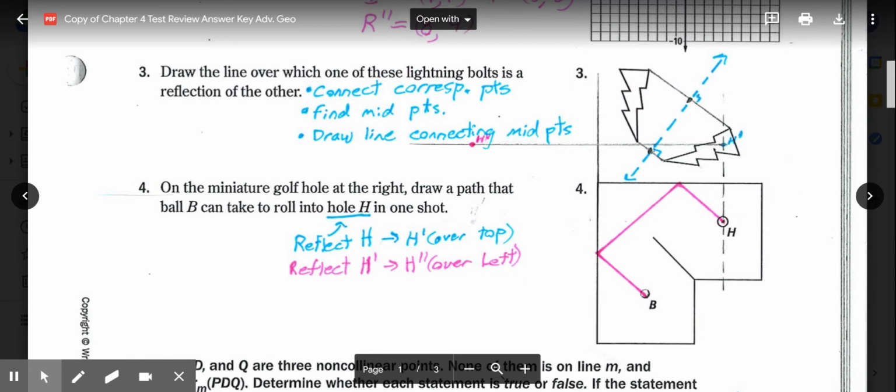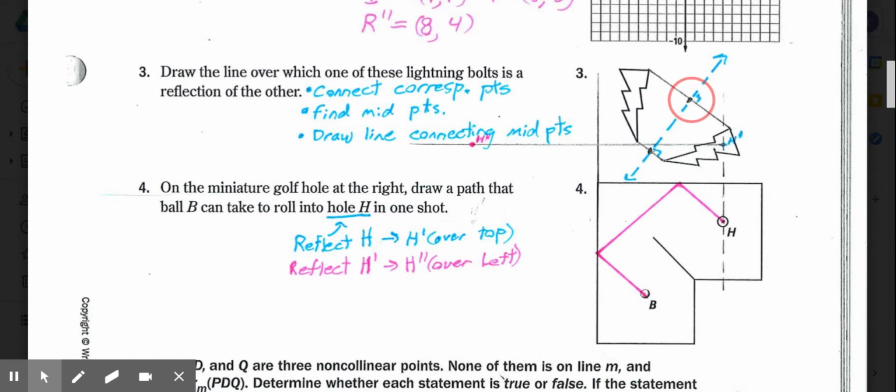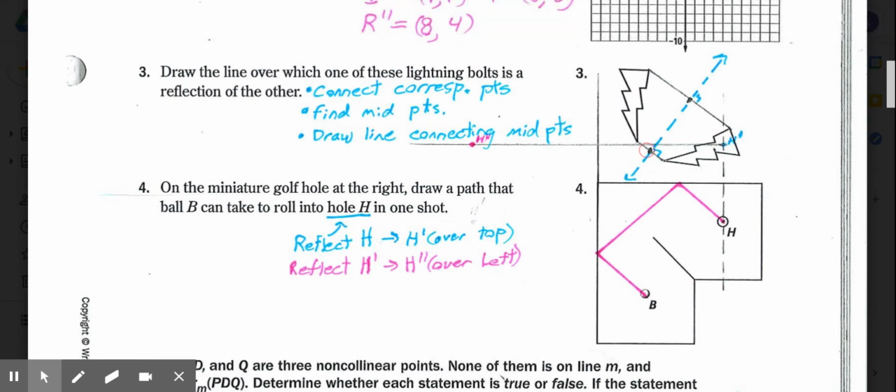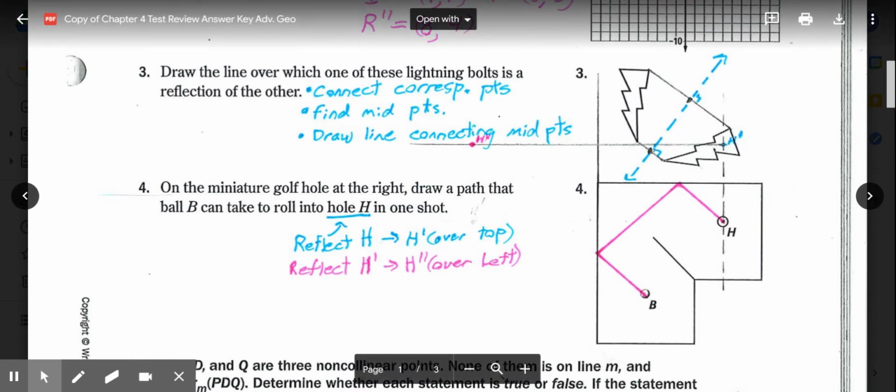Then you find the midpoints of those 2 segments, the midpoint of this one and the midpoint of that one. Then you draw a line connecting those midpoints, and you have created the line of reflection. So it's connect corresponding points on the 2 figures to create two different segments, find the midpoints of those segments, connect them, and you have your line of reflection.